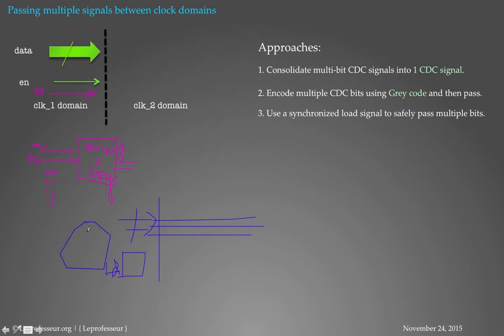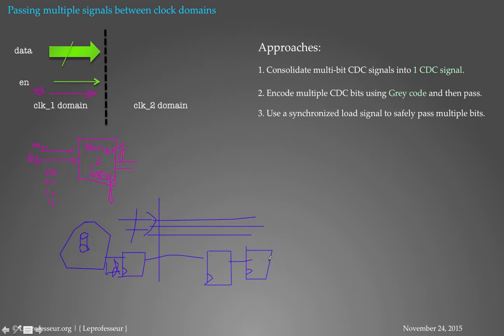You can use some state machine logic or whatever logic you want to write. Generate a load signal, register it, and then pass it to the receiving clock domain through a back to back flip-flop.